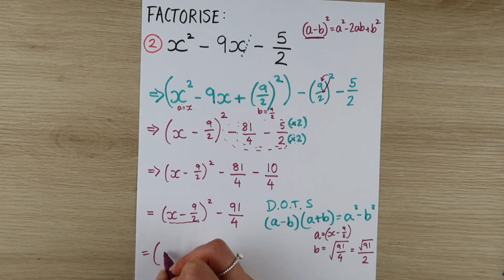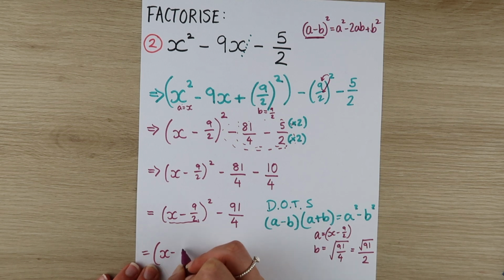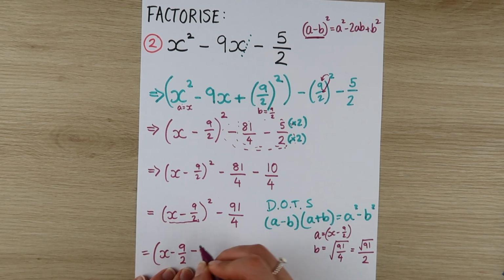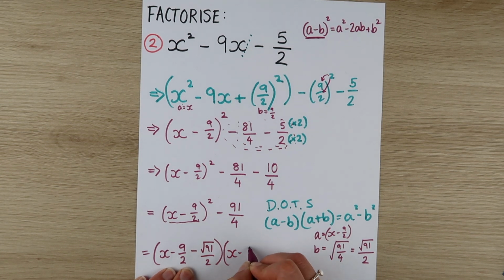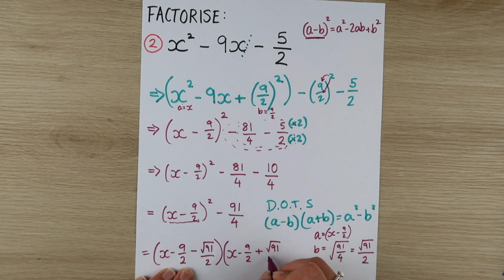Alright, so now when we put it together, I've got x minus 9/2 minus square root of 91 over 2, x minus 9/2 plus the square root of 91 over 2.